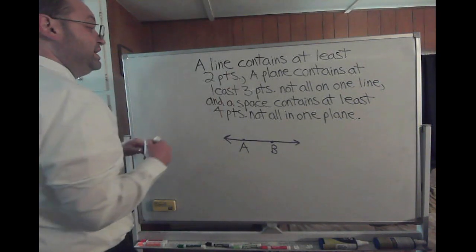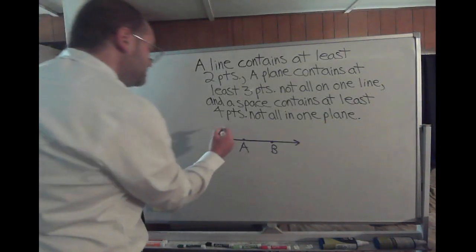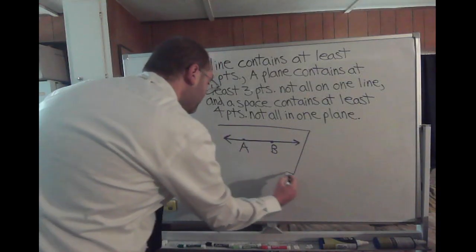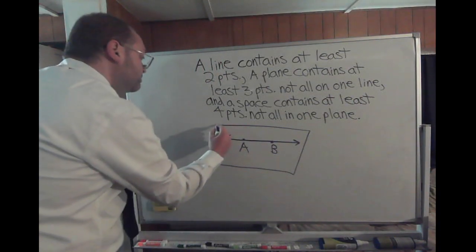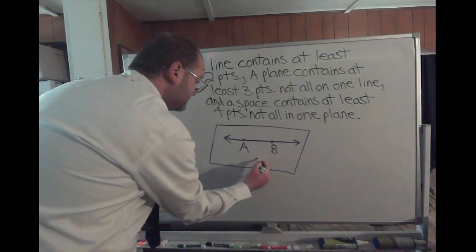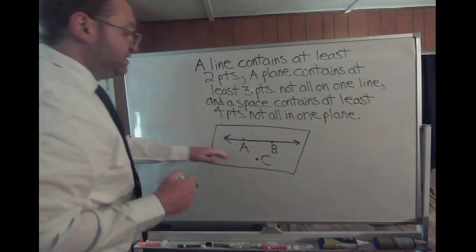Then it says a plane contains at least 3 points, not all in one line. So let's go ahead and draw ourselves a plane here. Let's draw a plane around the line, which the line will be on the plane. Let's put a point C right here that's off the line.